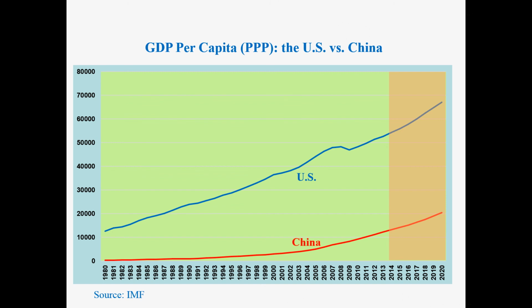Of course, the aggregate, the big size of China is already bigger than the U.S. in terms of GDP PPP. But in terms of standard of living, China's economic level of development is still far behind that of the United States.